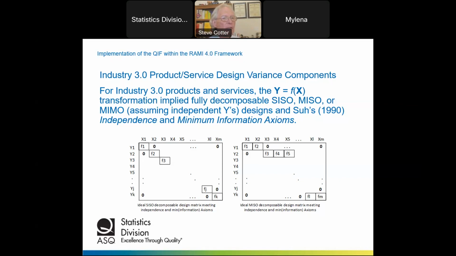Many-to-one surjective vector yi equals f of xi, multiple input, multiple output mappings are possible if and only if the vector yi are independent and functionally dependent on the common xi control variables. That's not depicted here. But for instance, y2 and y3 might be commonly dependent on transformations of x3, x4, and x5, and then y2 and y3 could be independent themselves.